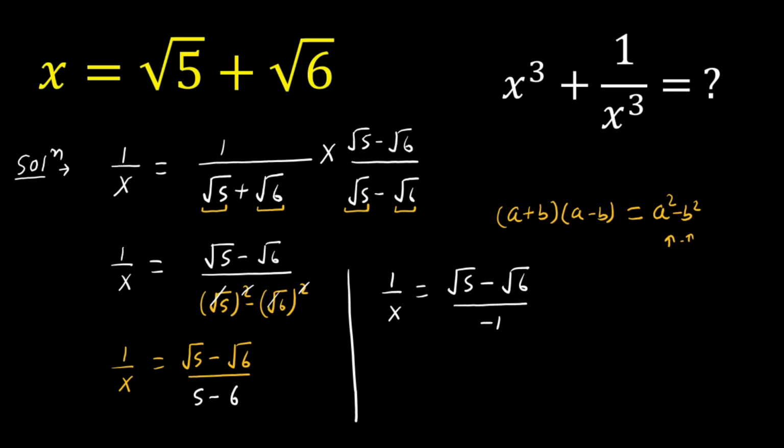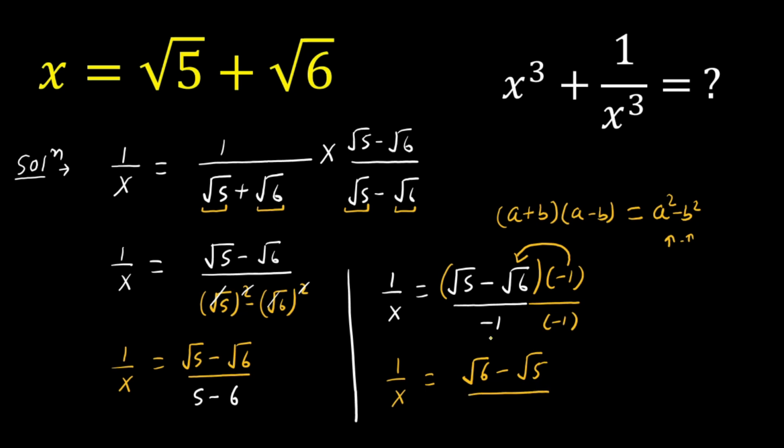If we multiply by minus 1 in the numerator and denominator, then on the left-hand side we have 1 over x, which is equal to, this negative 1 multiplied by negative square root of 6 gives positive square root of 6, and this minus 1 multiplied by square root of 5 gives minus square root of 5, and divide by minus 1 times minus 1, that is plus 1.